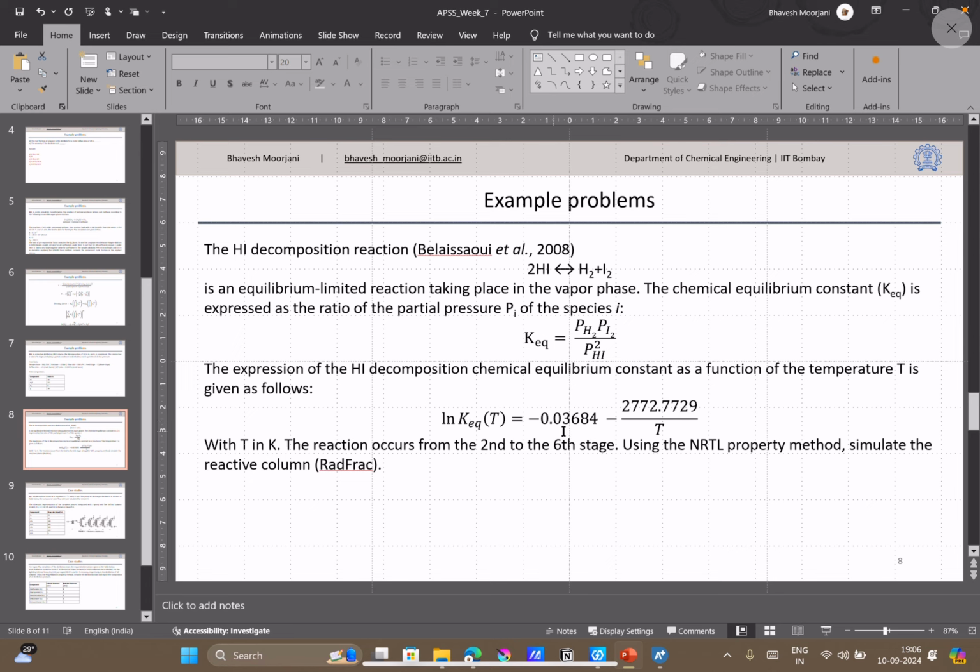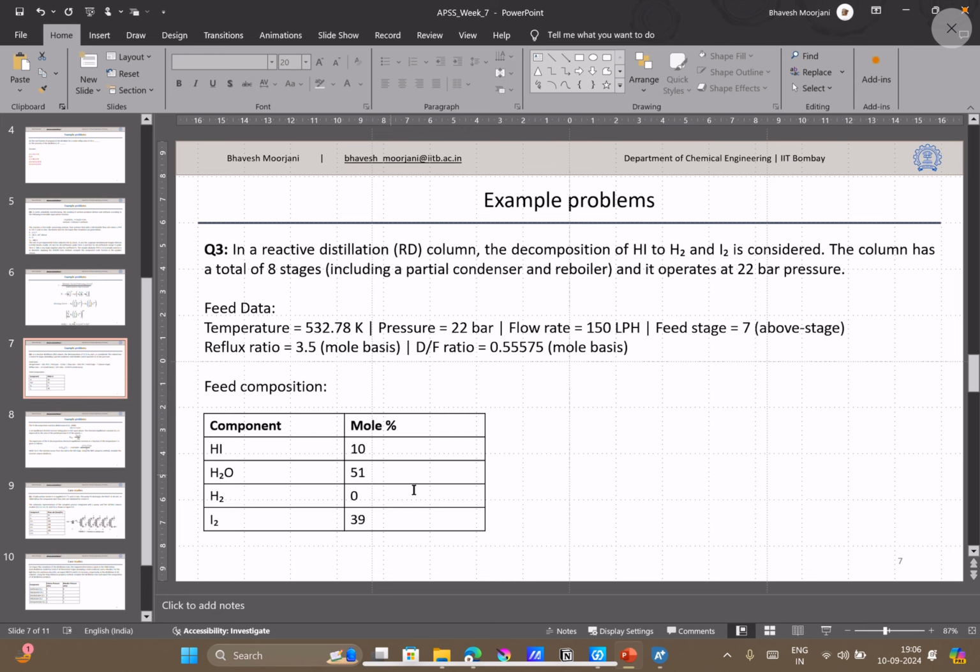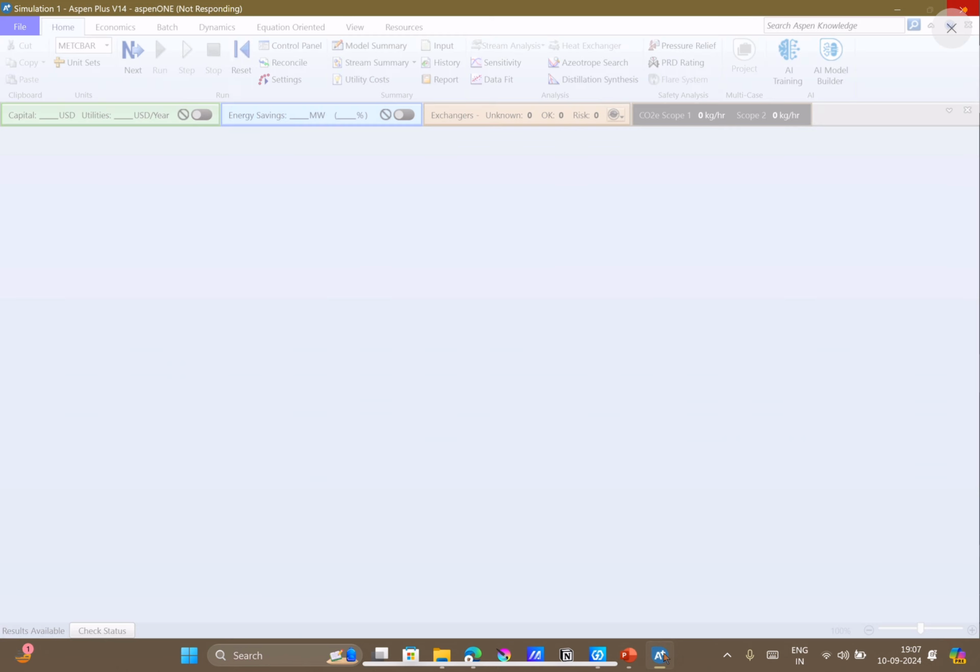Reaction is occurring between 2nd to 6th stage, and we have to use the NRTL property method to simulate the reactive distillation column. So that's our problem statement. Now once this loads, we can move ahead with the question.